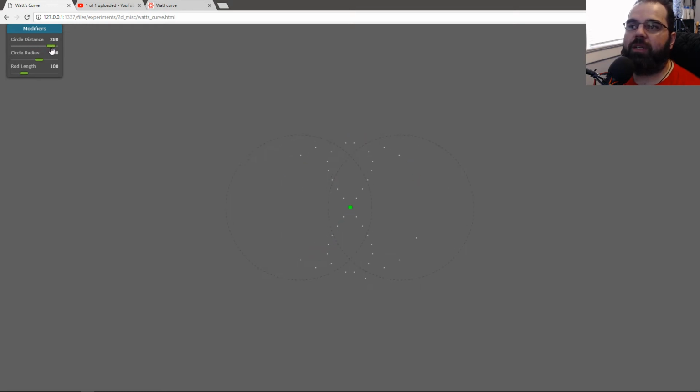Like I said, if you research Watt's curve, you get to see different patterns or different numbers of how to create interesting patterns. Like I know if I make the circle distance and the rod distance equal, I can then make a perfect figure eight, no matter what size. Or no, the size will change, the circle size.